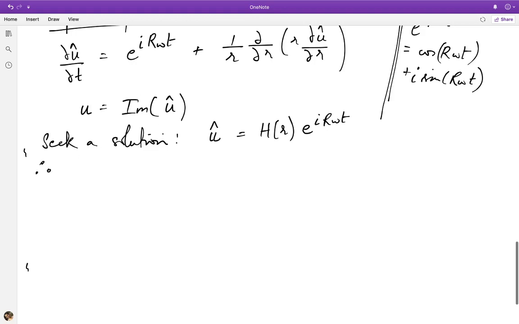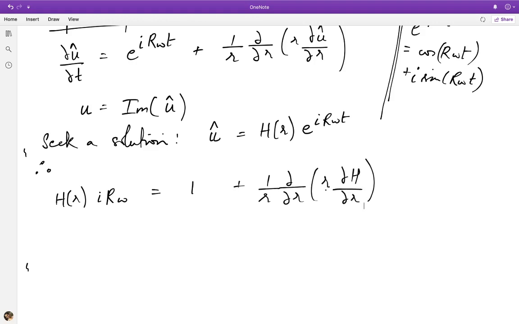So therefore, if I substitute this into the companion problem, I want an equation now for h of r. So d/dt acting on this is just going to throw out h of r here and give me a factor of I r w, is equal to, this is simply 1 over r times dou h by dou r.